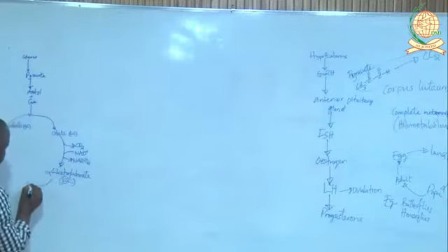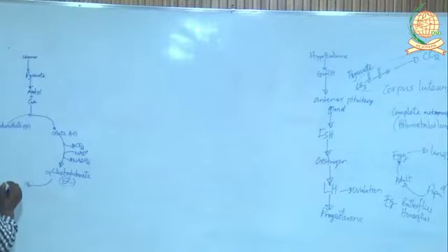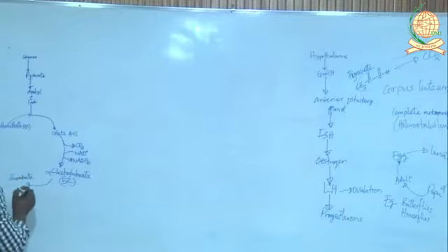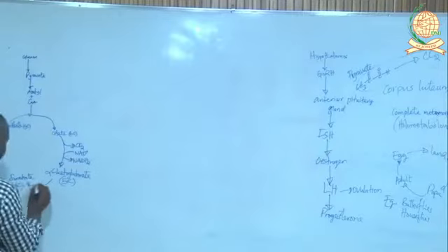This is further converted to succinate, which is a 4-carbon compound.